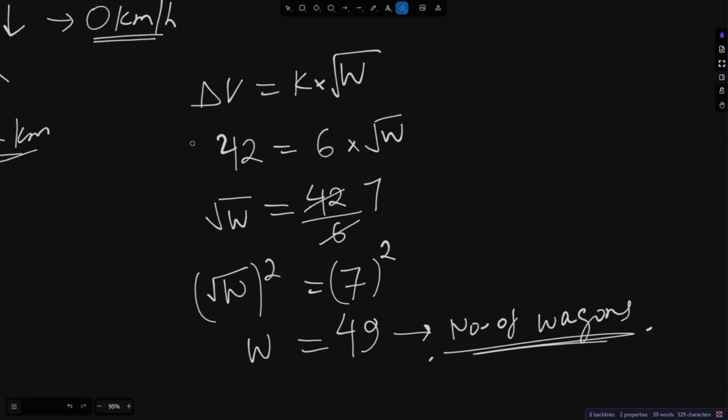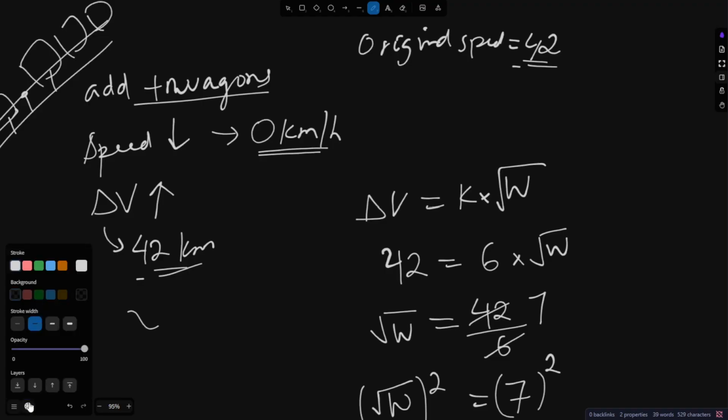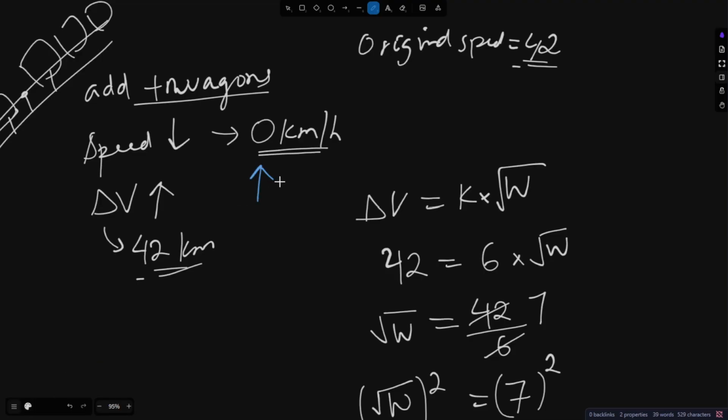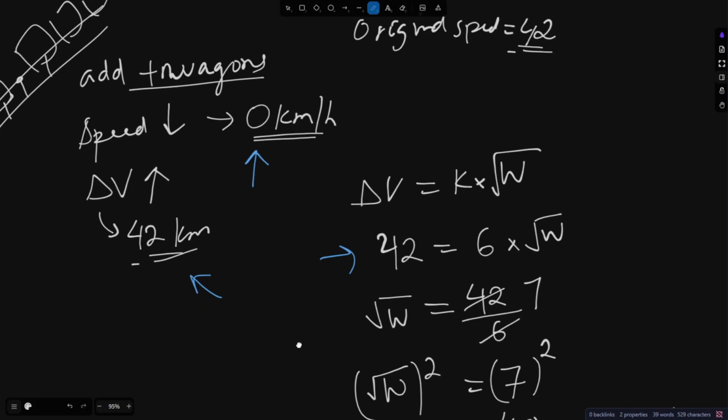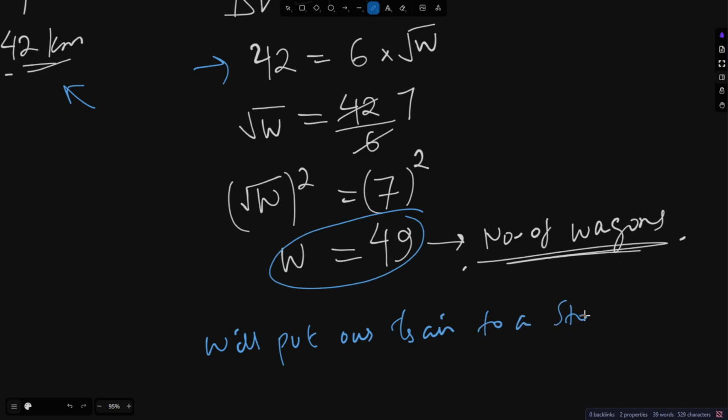Now keep in mind this situation. We are putting the train at 0 speed when we're putting all these conditions, but that's not what we really want. 49 wagons will put our train to a stop, at 0 kilometers per hour.